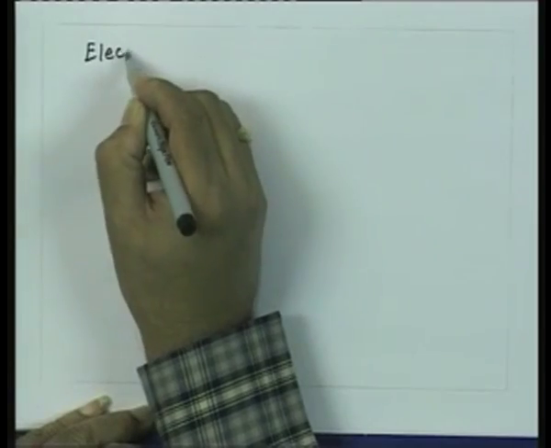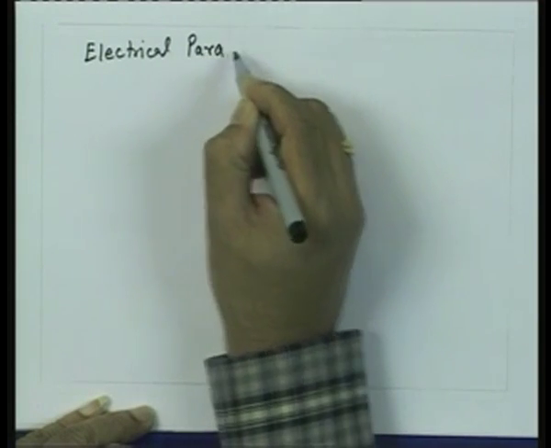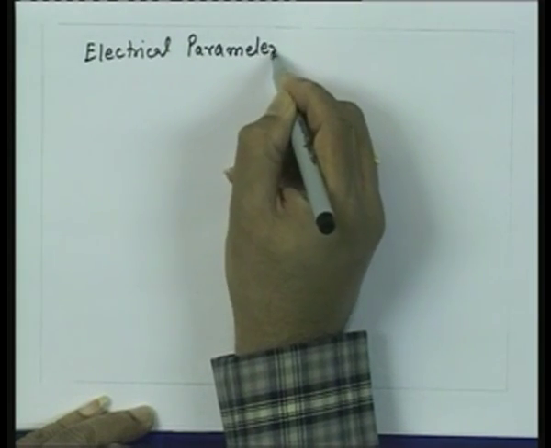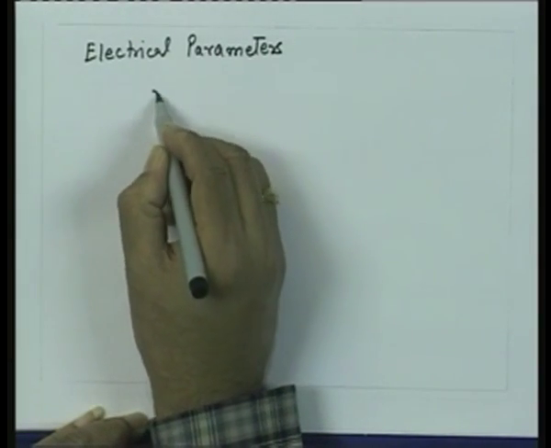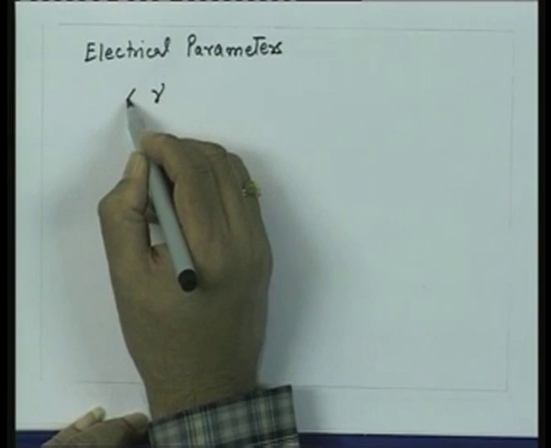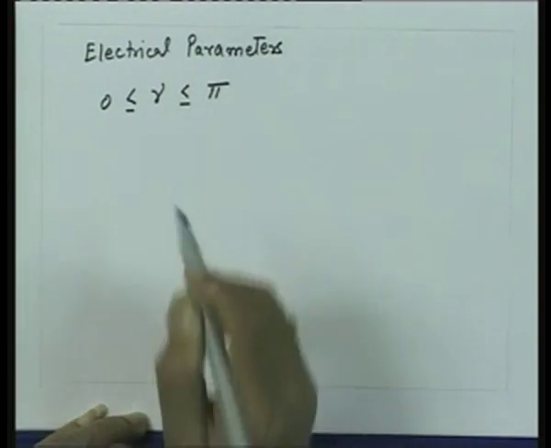If I take the electrical parameters, we have this quantity gamma which can range from 0 to pi.